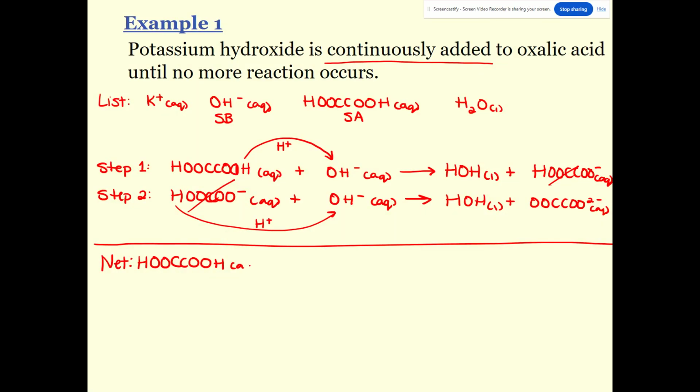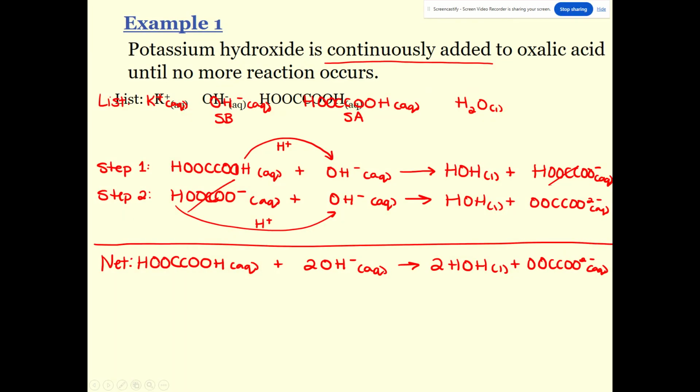So we have 2 hydroxide ions in our net equation on the reactant side, and we are producing 2 HOH, and you can write that as H2O if you prefer, and OOCCOO 2 minus. Notice how I'm not labeling the acid or the base, the conjugate acid or conjugate base. We commonly don't do that in these questions because there's just going to be a lot of writing. So you write the individual steps, the net, and that's it.